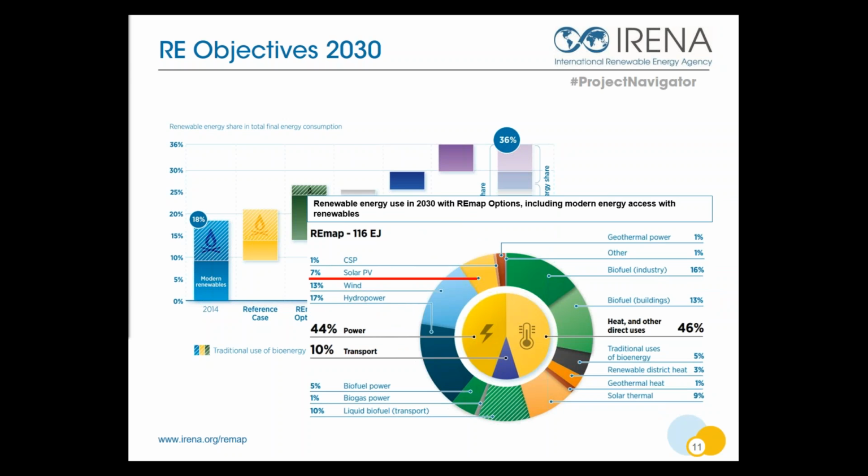So what this graph shows is the breakdown for these 36% renewables share. The inner circle shows the breakdown for heat and other direct uses, transport and power. And what you see there is that the power sector alone accounts for 44% of the total renewables potential in 2030.